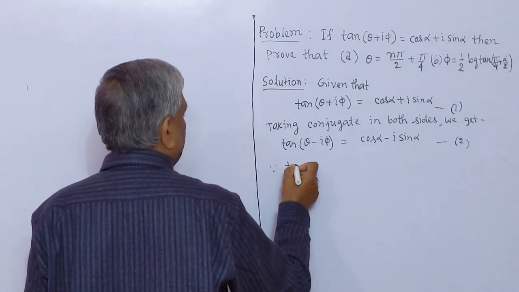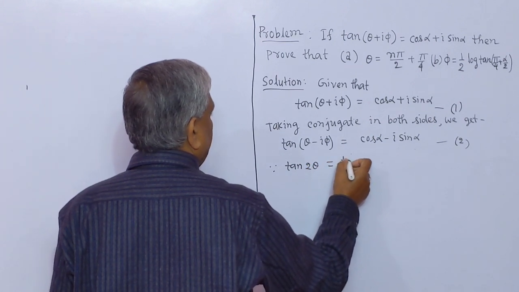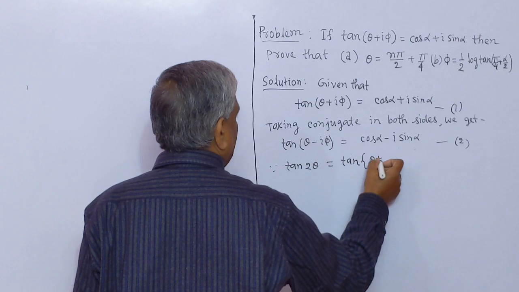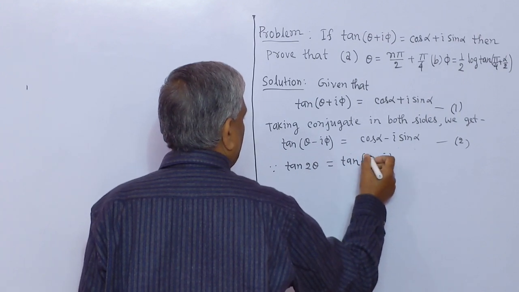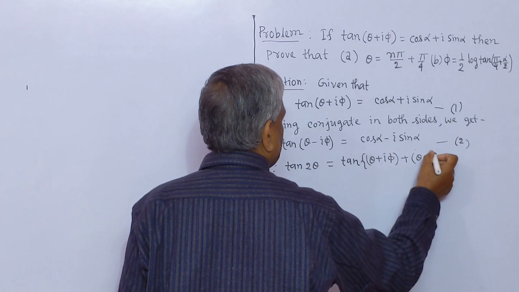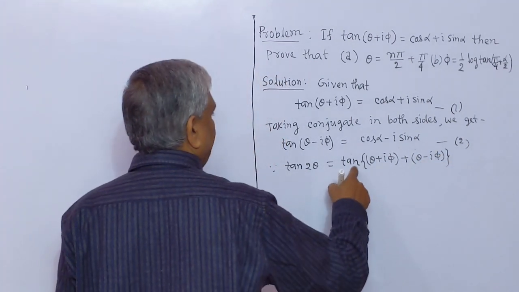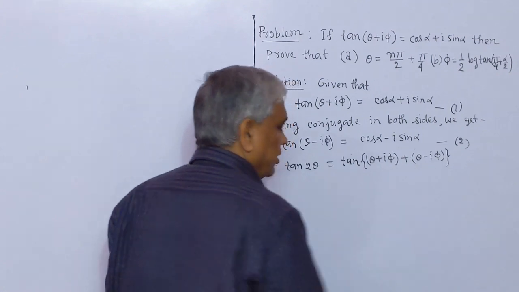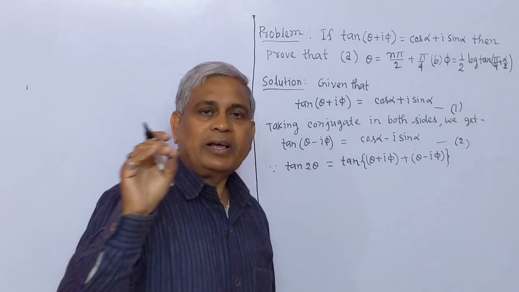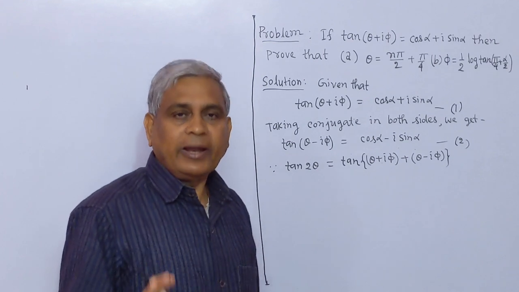Since tan 2θ = tan((θ + iφ) + (θ − iφ)), this is tan(A + B), which means (tan A + tan B)/(1 − tan A tan B).